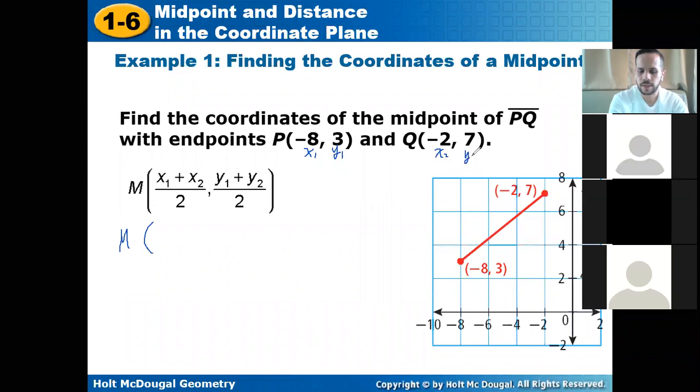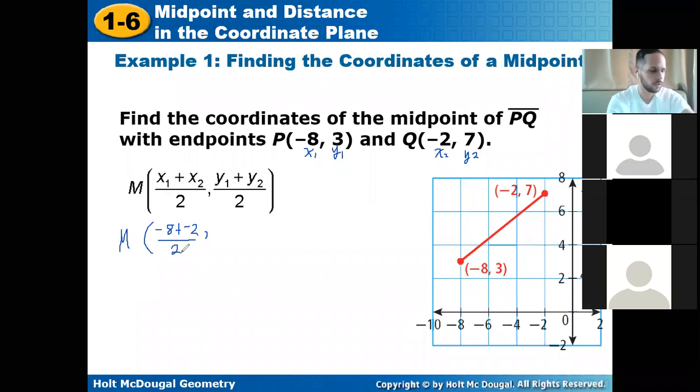I'm just letting you know what is everything and how you're gonna put that in the formula. So X1 is -8, plus X2, that is -2. That's what you have to do. That's the first step. Then you're gonna divide that by 2.